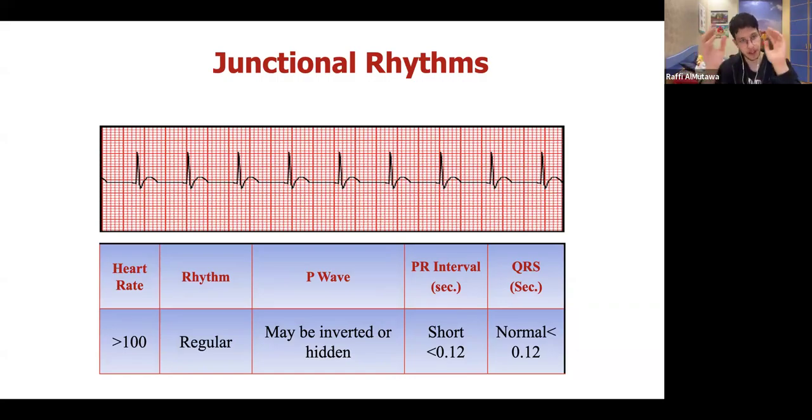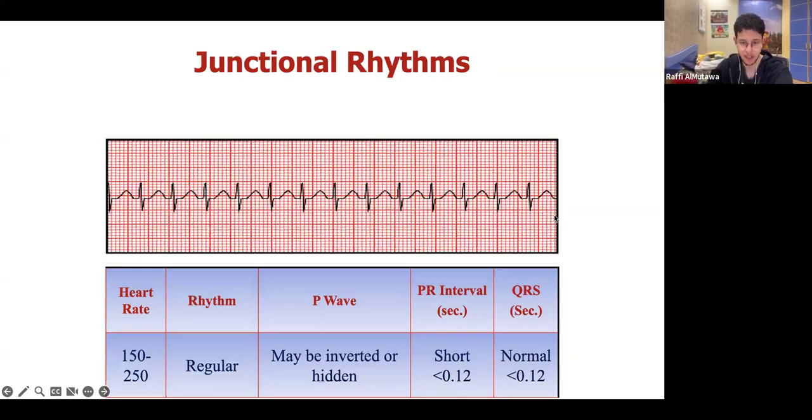So from 40 to 60, this is the junctional rhythm. From 60 to 100, this is accelerated. And then over 100, we consider this junctional tachycardia. As you can see, there's no P wave, the QRS is normal, and the rate is high. It's less than three big boxes. So this is junctional tachycardia. Good job.